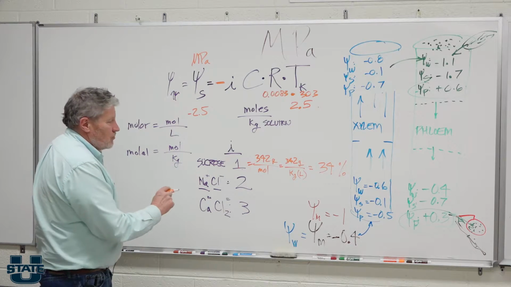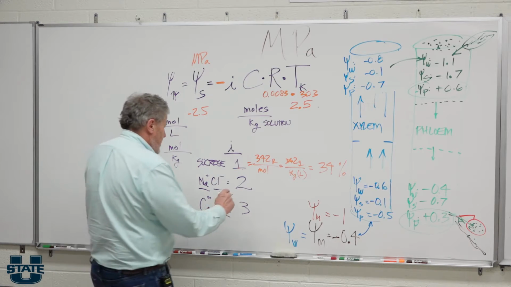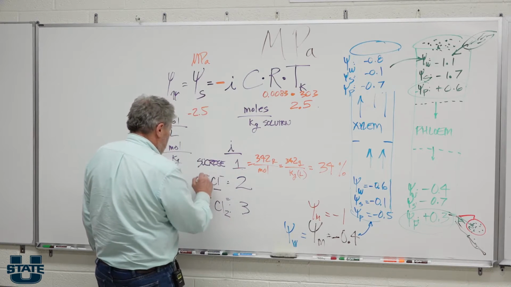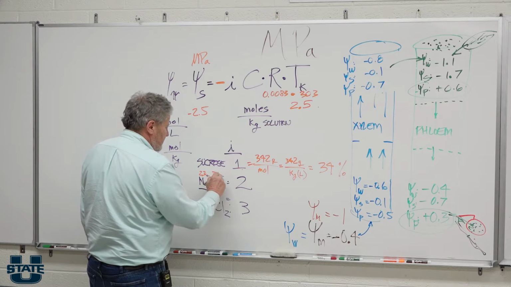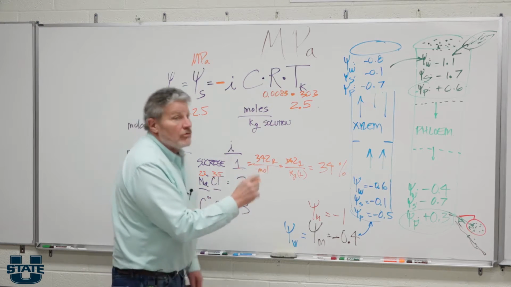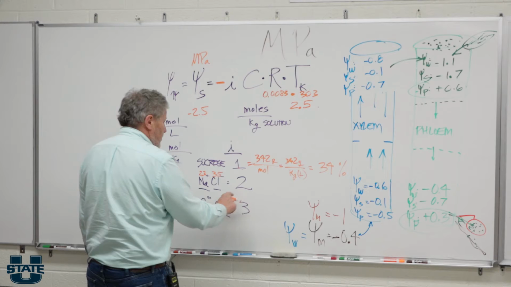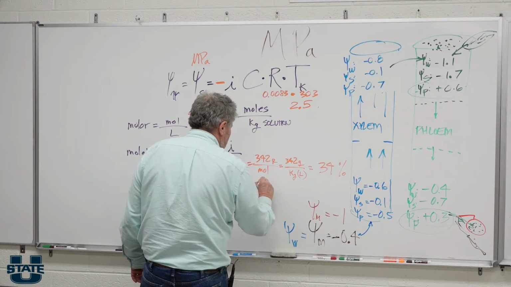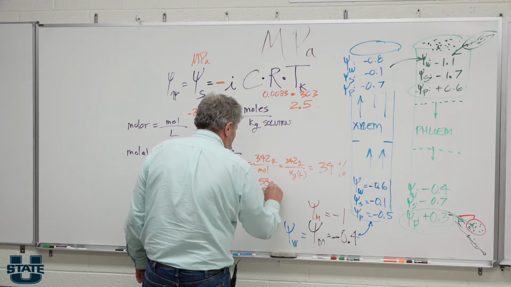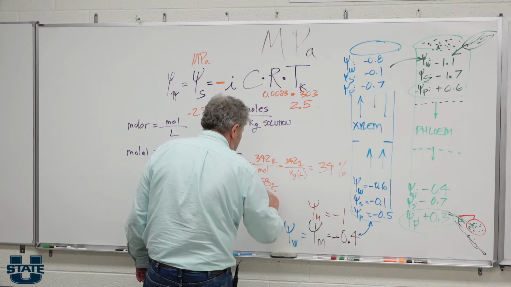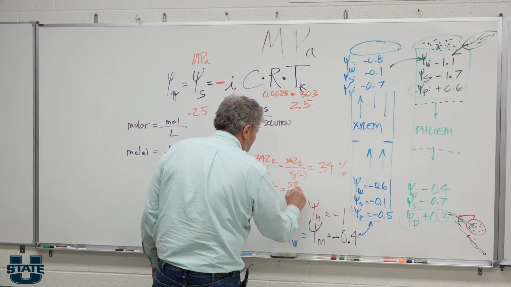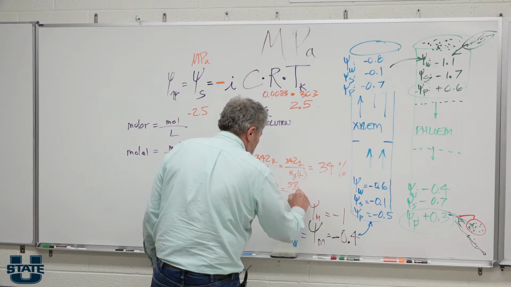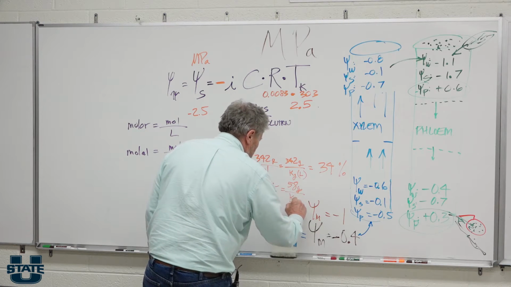If this is sodium chloride, sodium is 23 grams per mole. Chloride is 35 grams per mole. You can look them up in the psychrometric chart. This is 58 grams per mole. So this is 58 grams per kilogram.